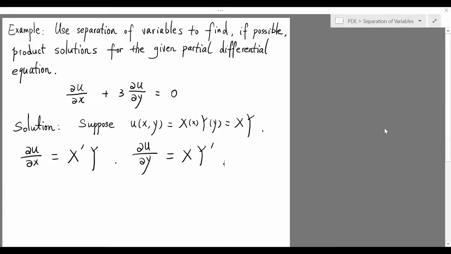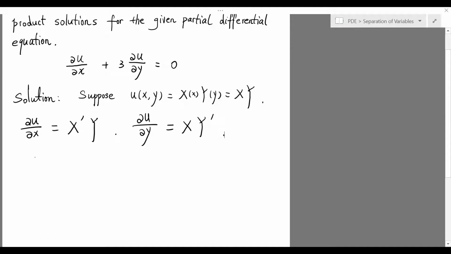The next step is to plug in. Hence, we should have du/dx plus 3 du/dy equal to X prime Y plus 3 X Y prime equal 0.